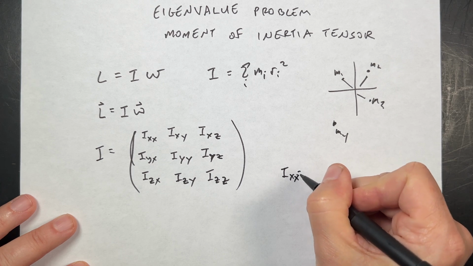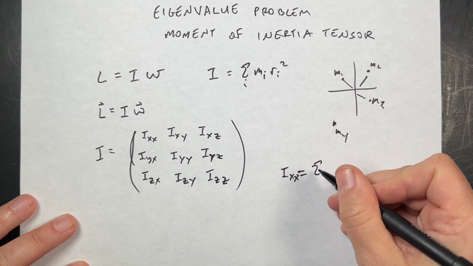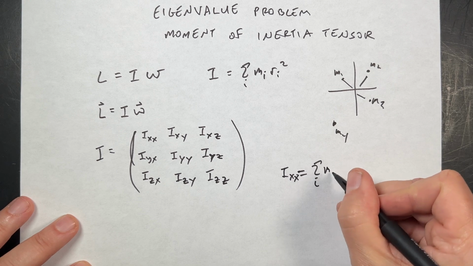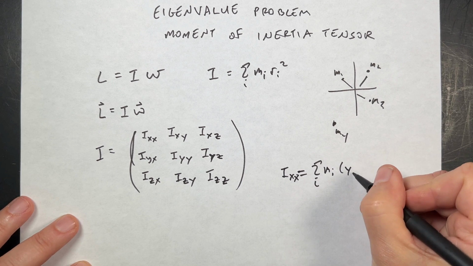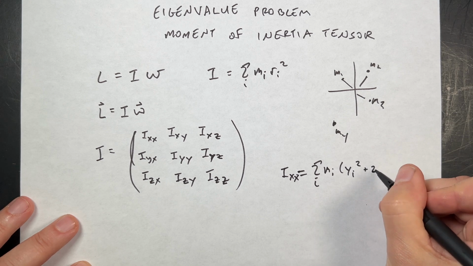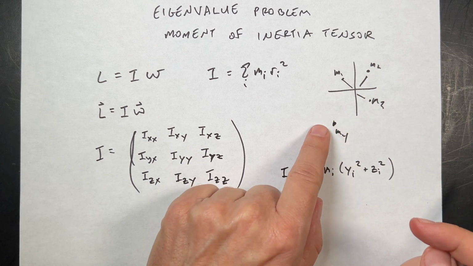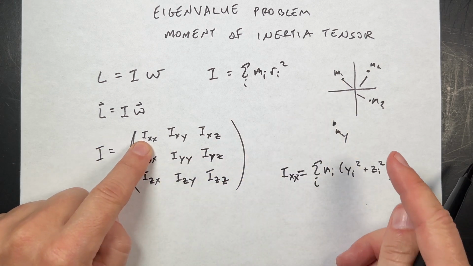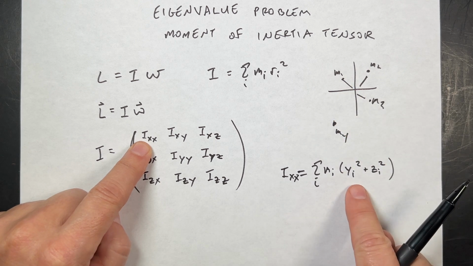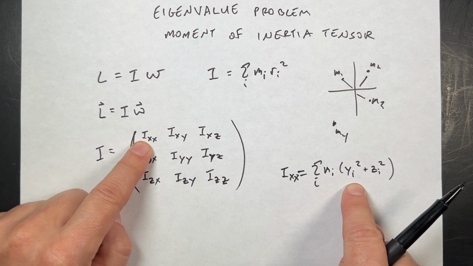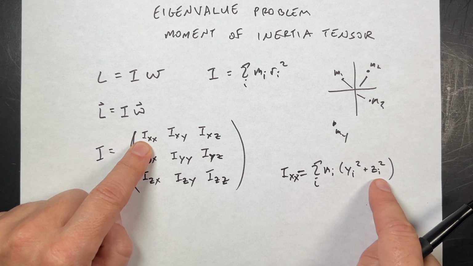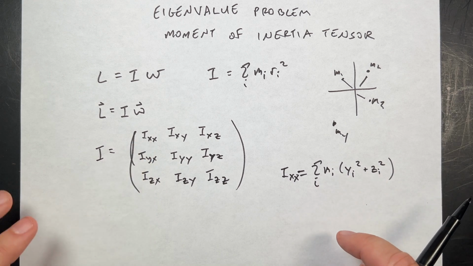Ixx is going to be equal to, for discrete masses, the sum over i of m_i times (y_i squared plus z_i squared). So I'm going to go through all my masses for this component right there, and I'm going to take their y component squared plus their z component squared multiplied by its mass.